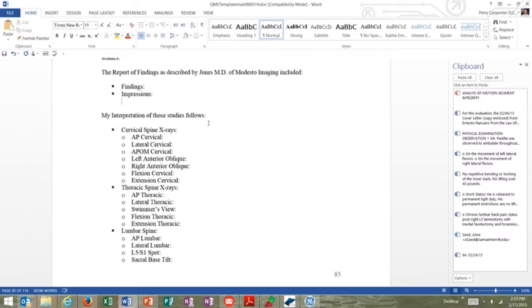Remember that the medical radiologist serves as a consultant in this case, and it's okay if you agree 100% with the findings of the medical radiologist. If that is the case, then simply state that under a section relating to your own interpretation of those studies.